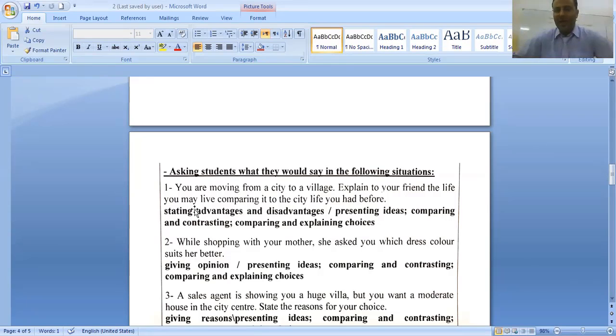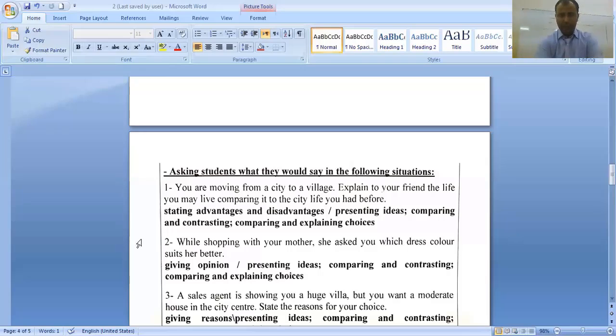Explain to your friend the life you may live, comparing it to the city life. You have different lifestyles, so you have to compare and contrast. You will say: life in the city is noisy, whereas life in the village is quiet. You have to make use of these connectors. So here we have comparing and contrasting.